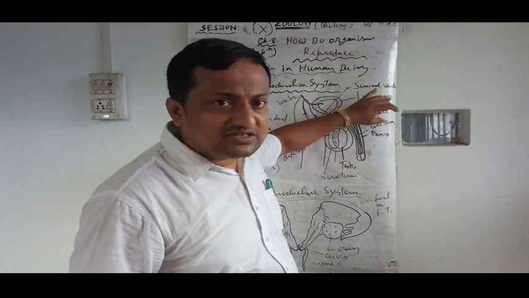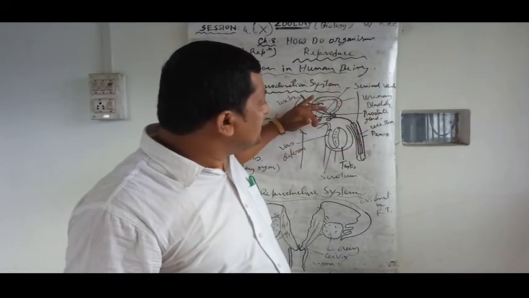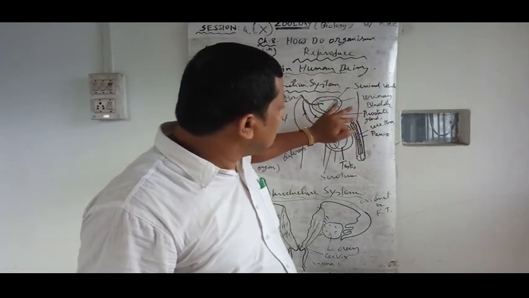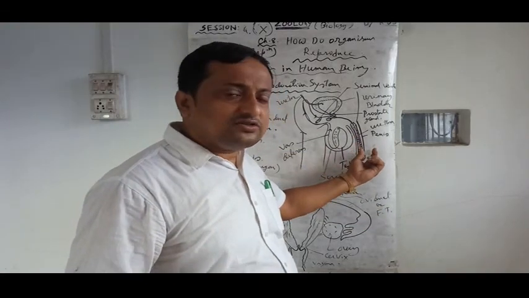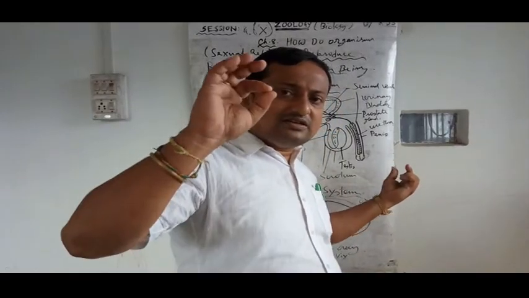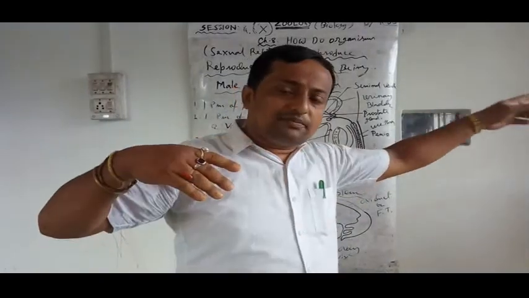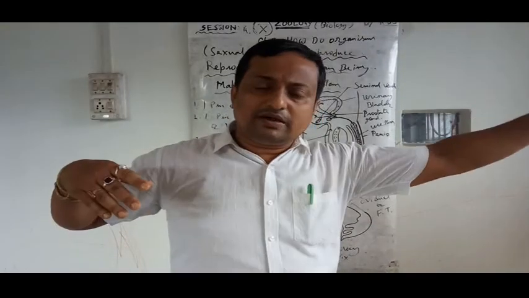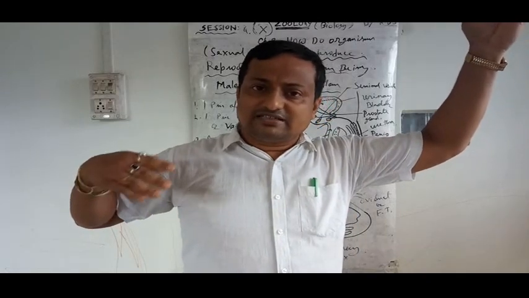At the time of sexual purpose it becomes erect, and it gradually releases the sperm. So it is a copulatory organ, able to release the sperm inside the female genital tract, so that the sperm can meet the female reproducing cell, the gamete, the egg.